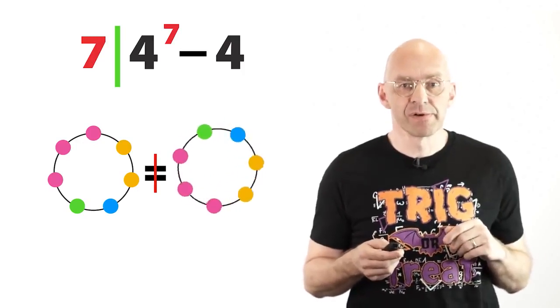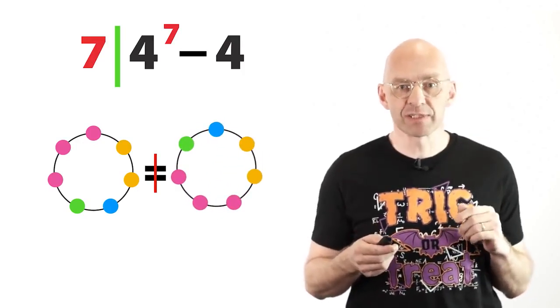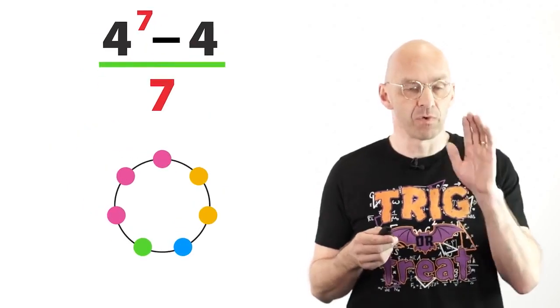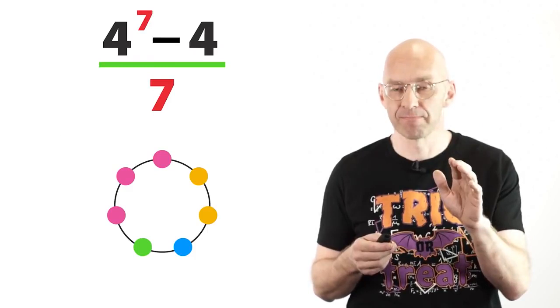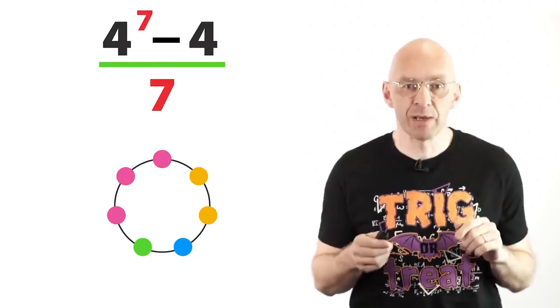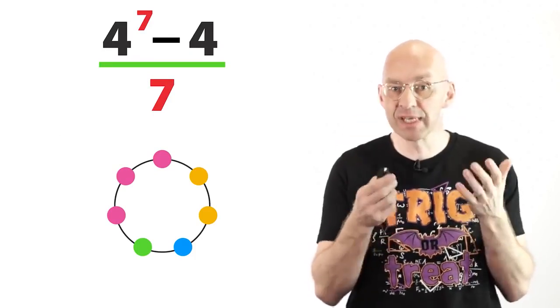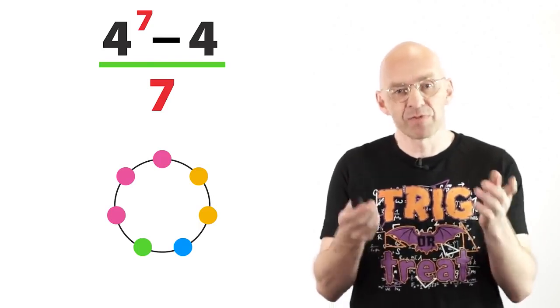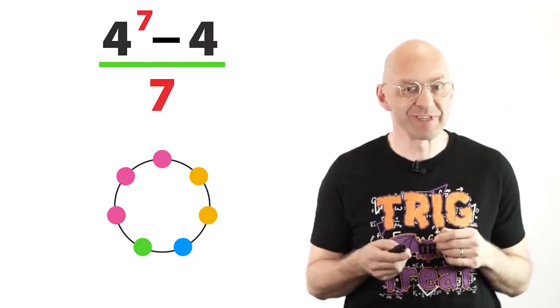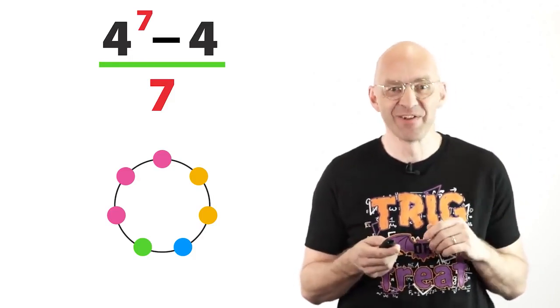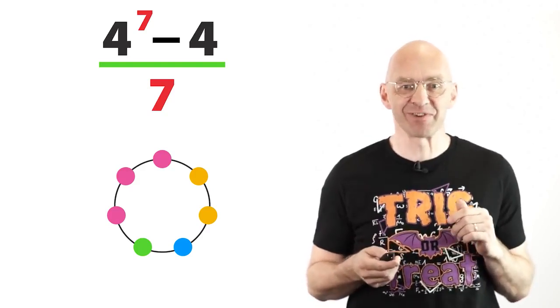We'll show that the total number of such necklaces is 4 to the power of 7 minus 4 divided by 7. Now, of course, the number of different necklaces must be an integer, right? But for that to be the case, 7 must divide 4 to the power of 7 minus 4, which is what we want to prove. Sneaky, huh? Okay, time to begin counting necklaces.